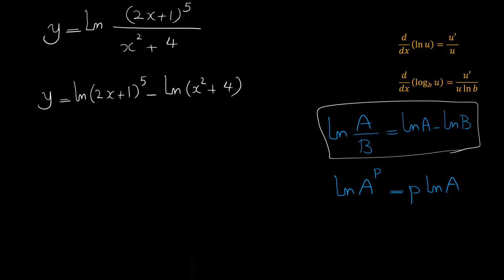ln of a over b is ln of a minus ln of b, ln of top minus ln of bottom: ln of (2x plus 1) to the fifth minus ln of x squared plus 4.